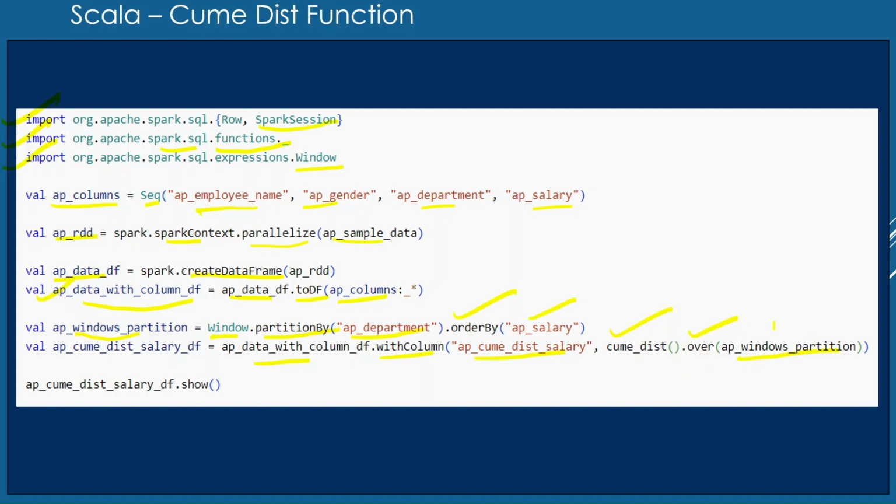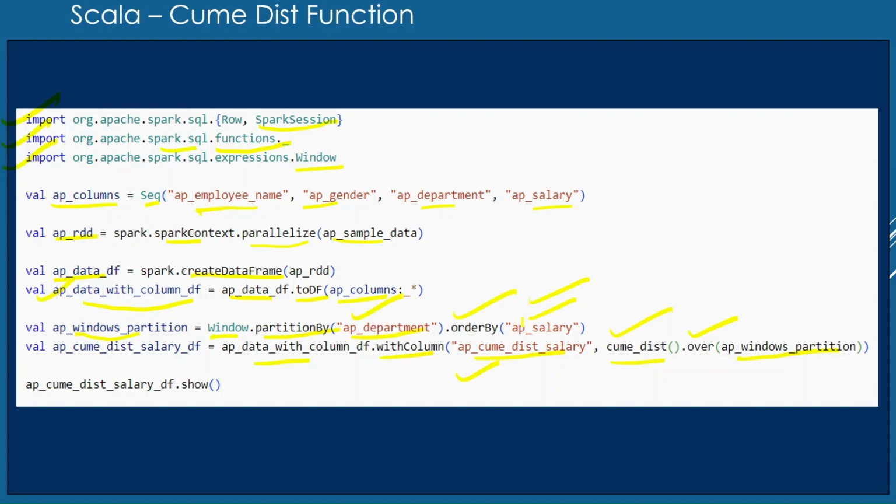This variable has a partitioning strategy. What are the partitioning strategies we have defined here? We have partitioned the data by AP department and ordered the data based on AP salary in ascending order. And the cumulative distribution function calculates the relative rank and populates the value in the AP cumulative distribution salary column.